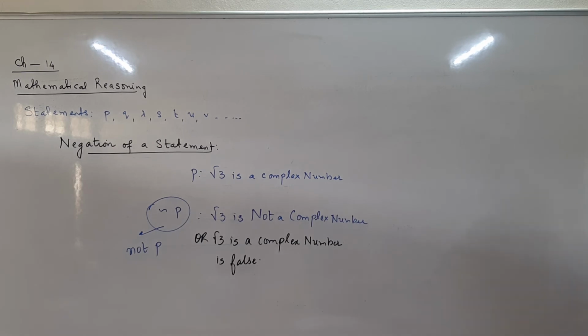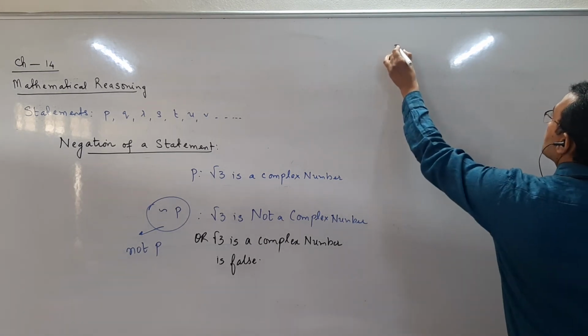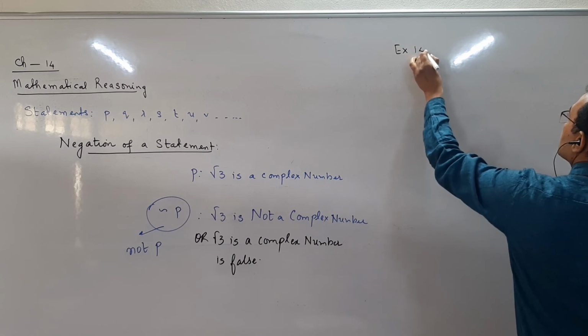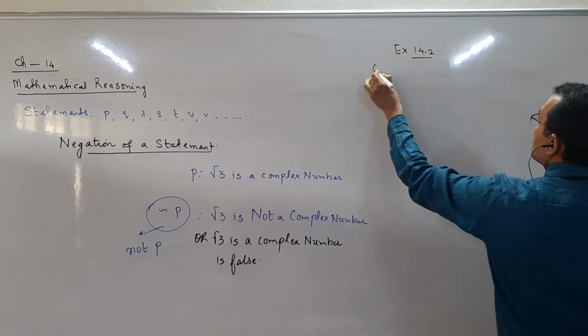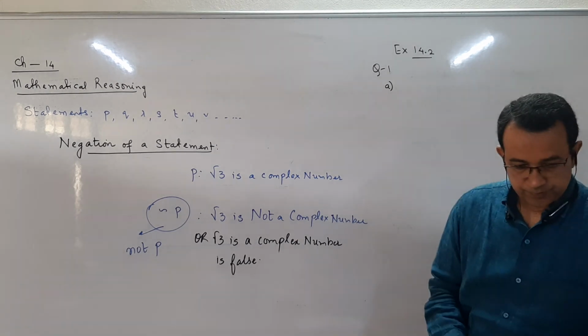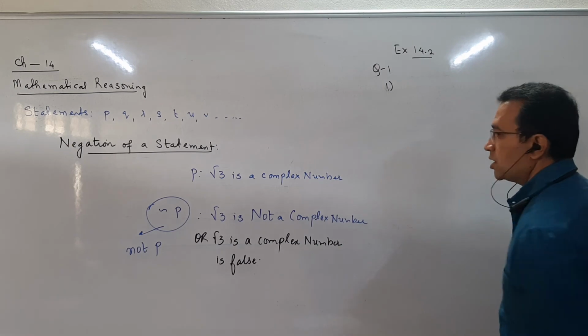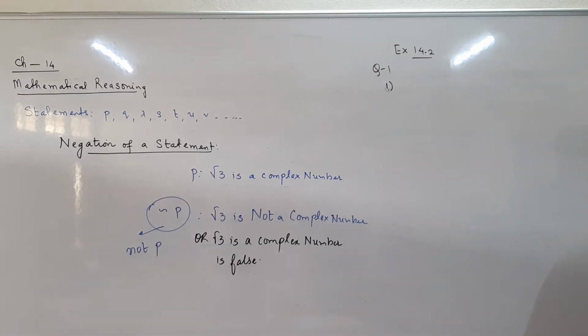Now students, I am doing exercise 14.2. Main question 1, part 1, that is right according to the textbook. So students, please note down the definitions and concepts of this chapter again and again.